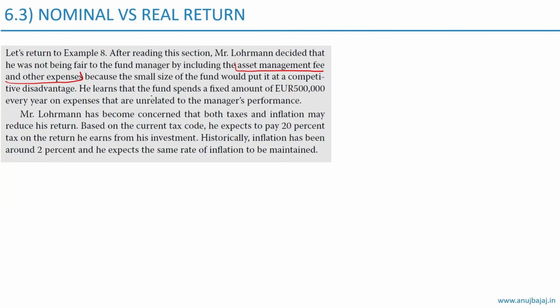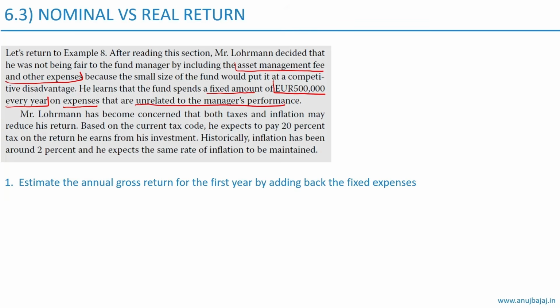He learns that the fund spends a fixed amount of 500,000 euros every year on expenses which are unrelated to the manager's performance. We are required to estimate the annual gross return for the first year by adding back the fixed expenses. If you remember, the value of the fund at the beginning of the first year was 30 million euros.